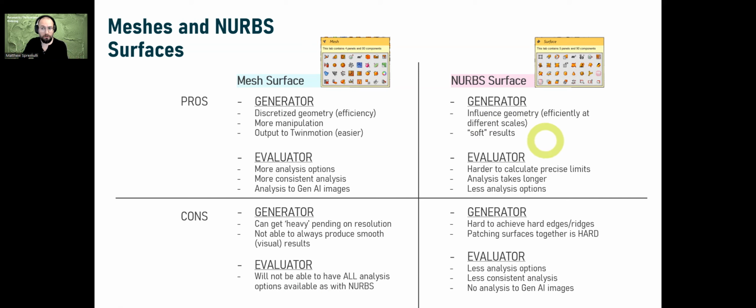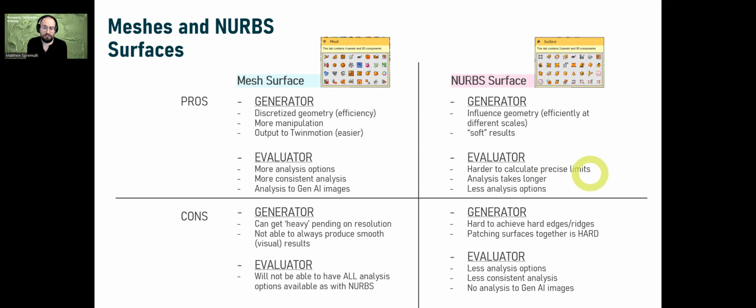But for under 100, it's efficient and it achieves soft, smooth results. On the evaluator side, it's hard to calculate precise limits. It's hard to calculate things like volume or area always, because you can keep zooming in. It doesn't know where to stop the analysis.